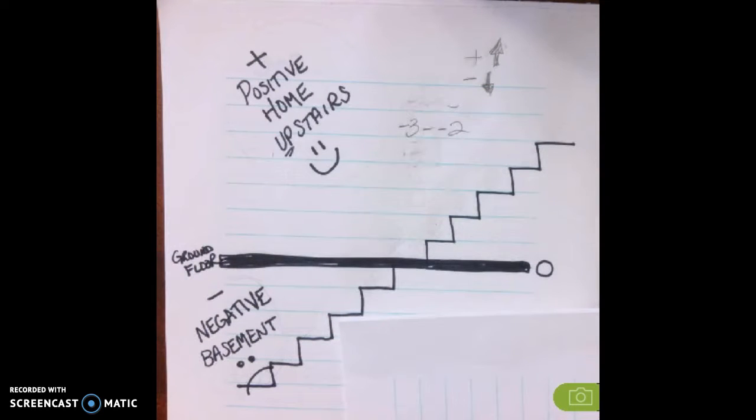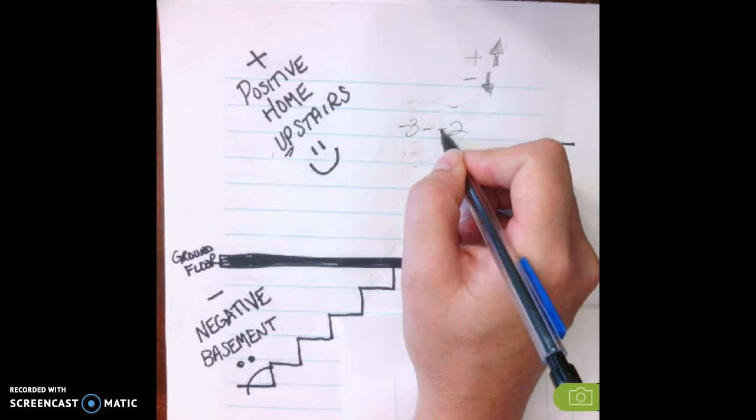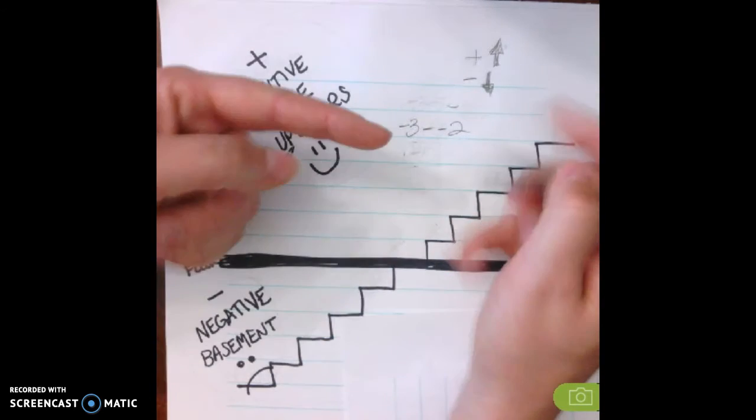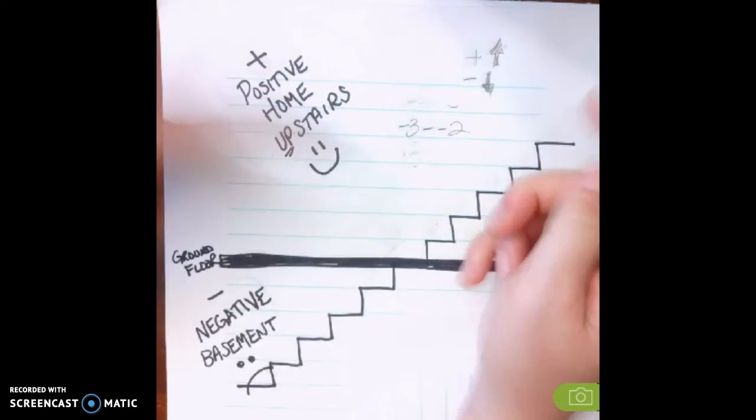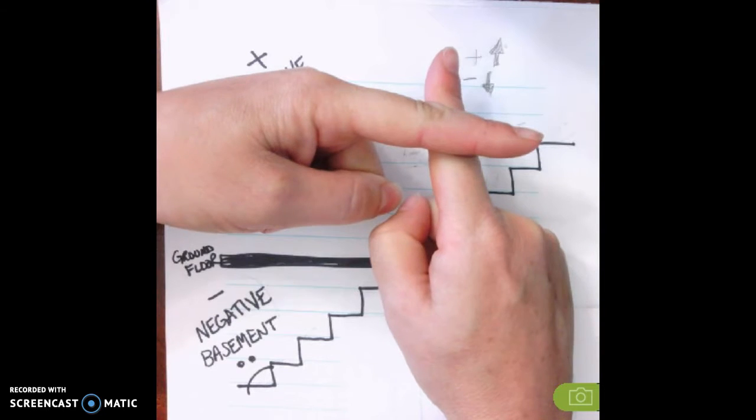Now the only other rule we need to remember is that subtracting a negative, imagine these 2 negative signs are flying at each other, one this way and one that way, and they're coming in together and they crash and they turn into a positive.